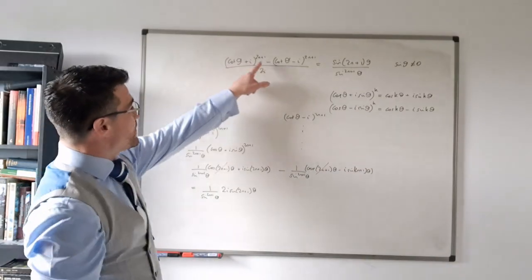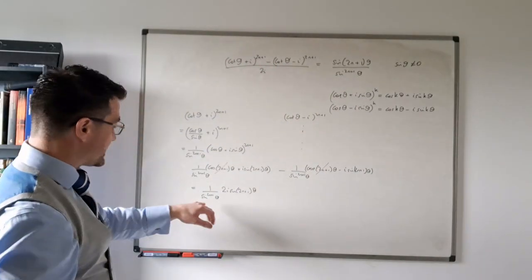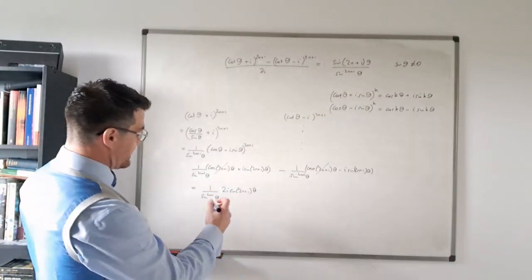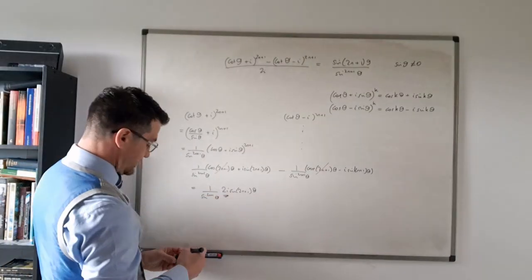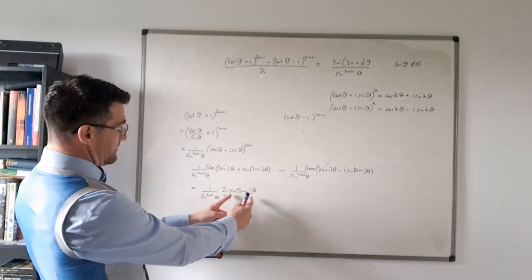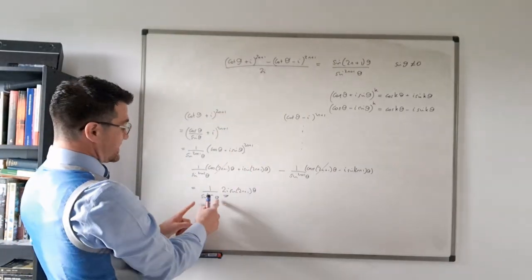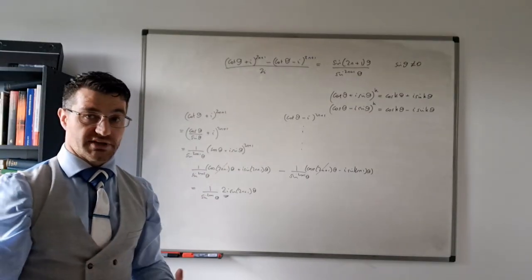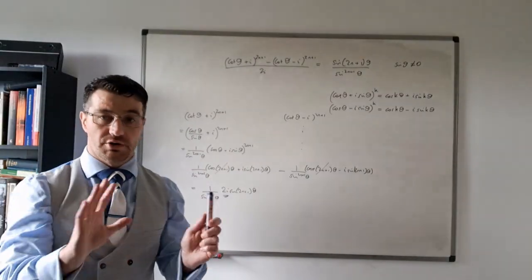So therefore the numerator here is just equal to this. Notice that I've got the 2i here. So when I divide by 2i, what am I going to be left with? I'm going to be left with sine 2n plus 1 theta over sine to the power of 2n plus 1 theta. Easy peasy, right? No problems whatsoever.